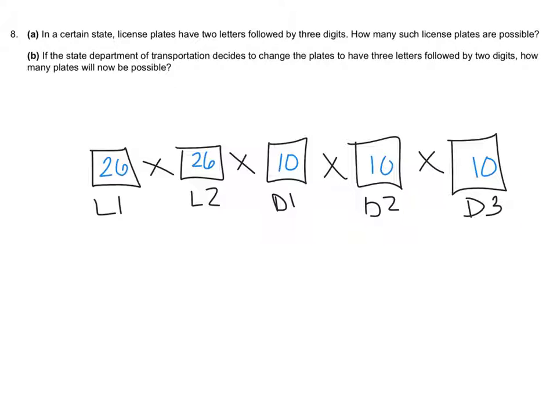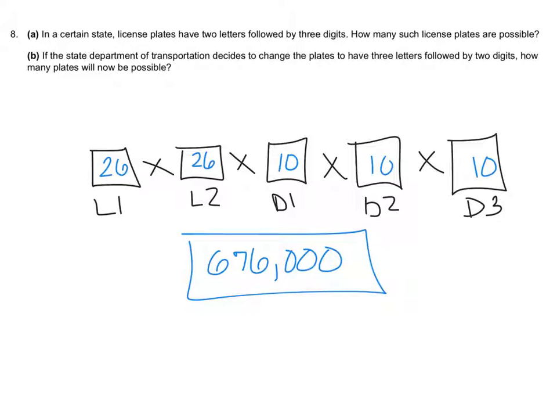To find the answer to the entire problem, we're just going to multiply 26 times 26 times 10 times 10 times 10 together. And we get an answer of 676,000. So there are 676,000 different possible license plates with 2 letters followed by 3 digits. And that's our answer to part A.